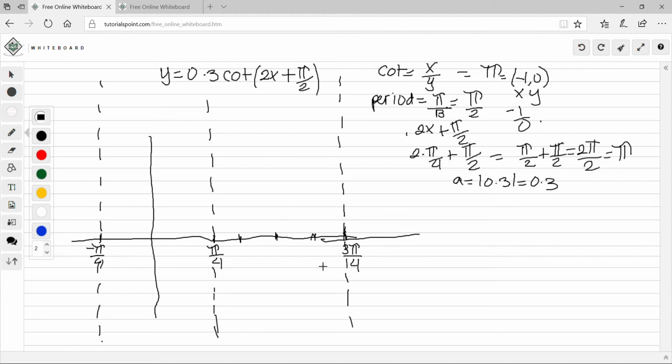To get this point, you add 3 pi fourths plus pi fourths, and whatever the answer is, you divide it by 2. So that's 4 pi over 4, so that's pi, and then you divide that by 2. So that's how you got pi halves.